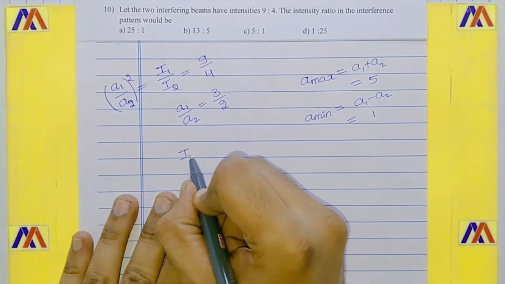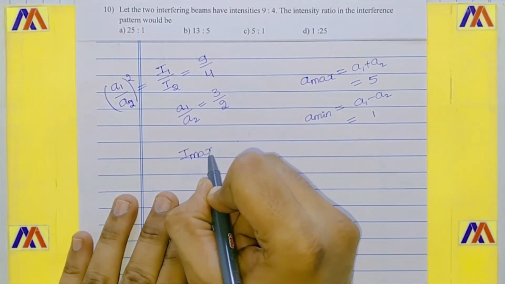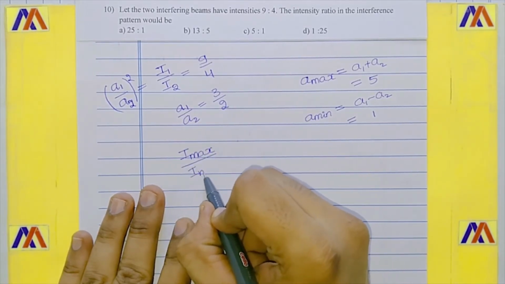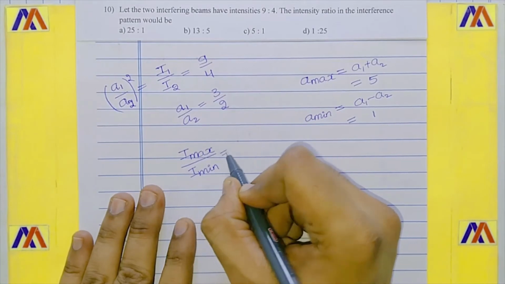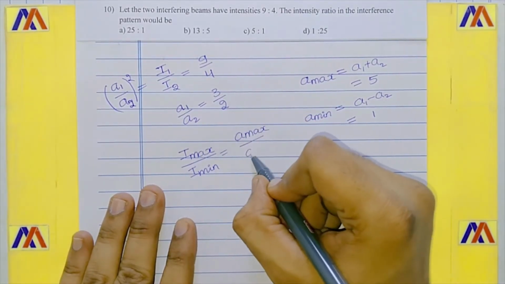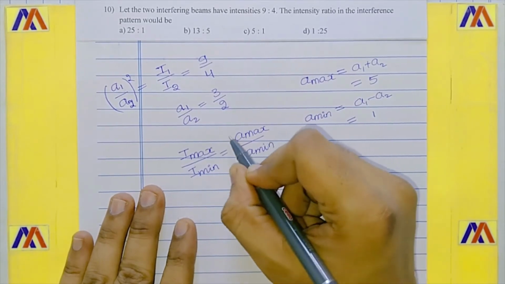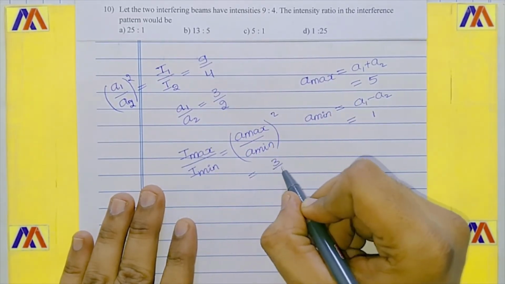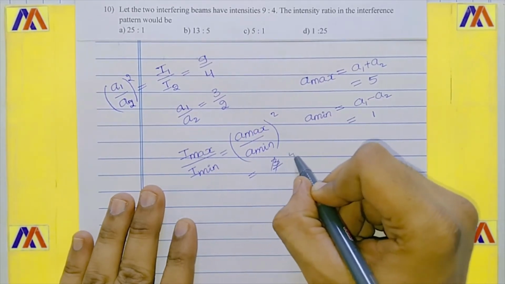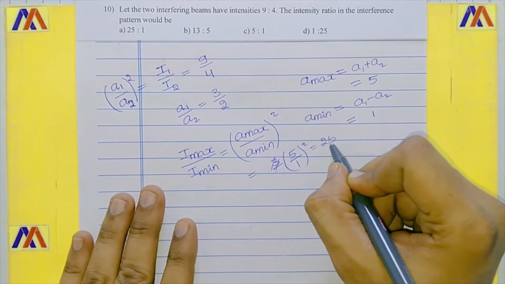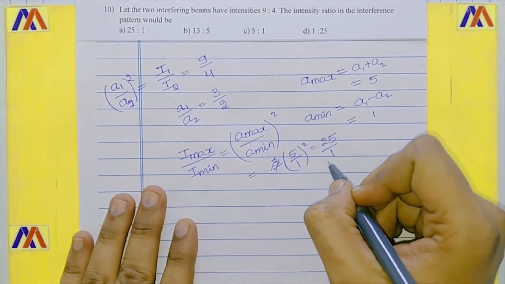Now, the ratio of intensities corresponding to maxima and minima is given by A max divided by A minimum whole squared, which is 5 by 1 whole squared, equal to 25 by 1, option A.